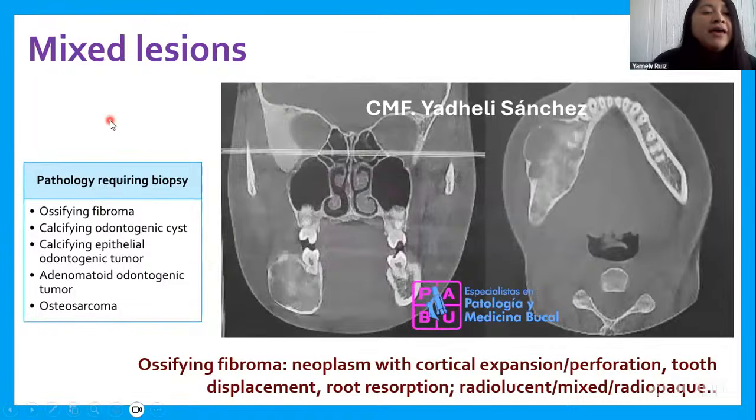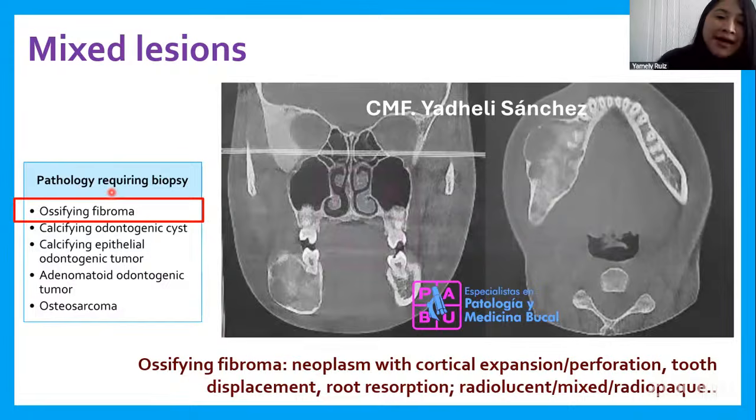The other group of these mixed lesions are pathologies where biopsy is required for the diagnosis. In this group, we have, again, the ossifying fibroma. Ossifying fibroma, which I saw before in the radiopaque entities, is a benign neoplasm with cortical expansion, cortical perforation, tooth displacement, root resorption, and radiolucent, mixed, or radiopaque appearance.